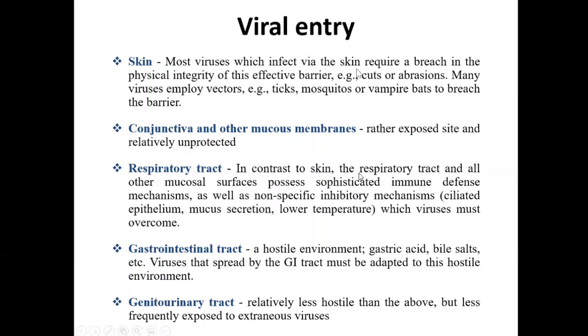When there are abrasions or cuts, many viruses can get in. And sometimes there are vectors like ticks and mosquitoes that breach the skin barrier to inject the viruses in. Otherwise, the skin is a solid barrier to most viruses.